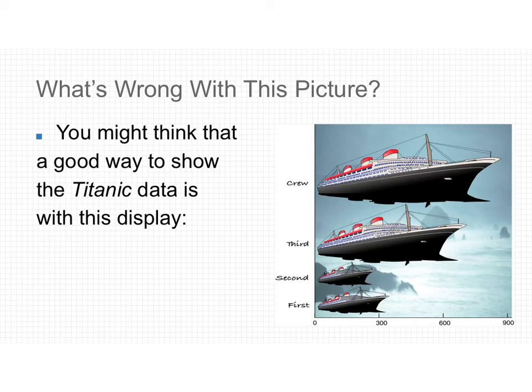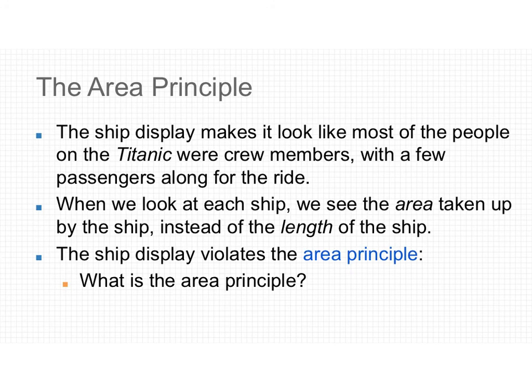All right, so I want to answer this question. What's wrong with this picture? We talked about and saw the raw data of the breakdown of the crew, third class, second class, first class. What is wrong with this picture? Answer in the discussion. What was wrong with that is this idea of the area principle.